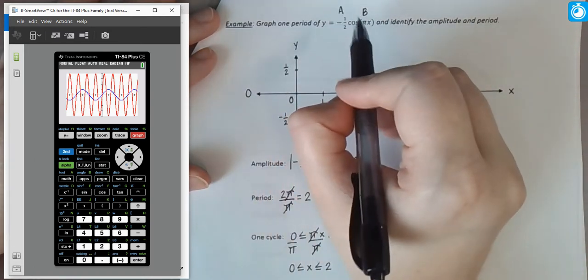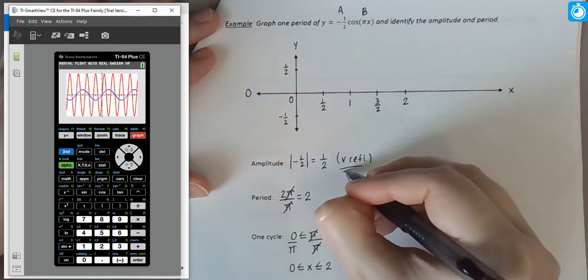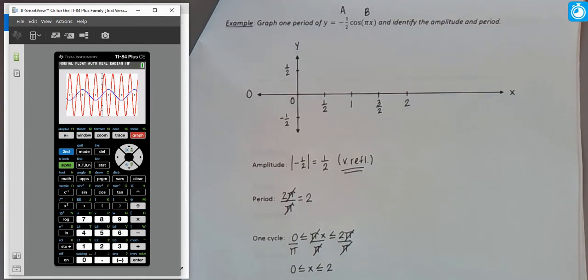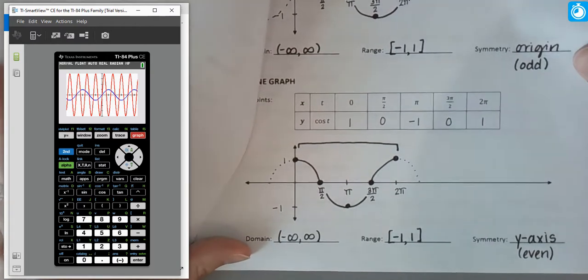All we're doing is putting in the specific points that correspond to our cosine. Now, don't forget the vertical reflection. We can't see the fact that there's a vertical reflection just from the labeling. We have to remember to indicate that vertical reflection when we put in our points. So we're graphing a cosine.